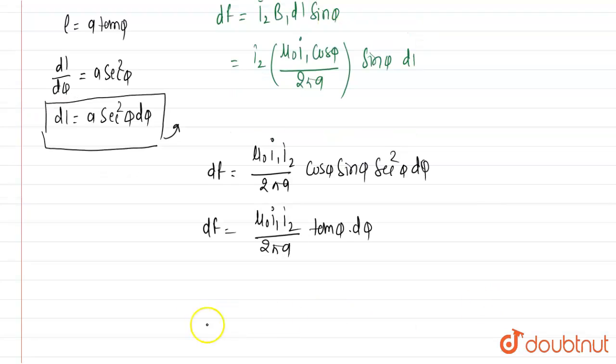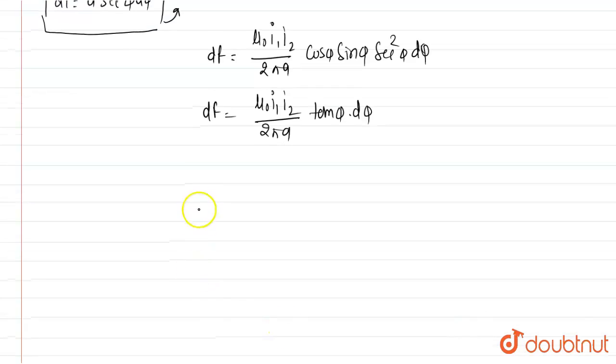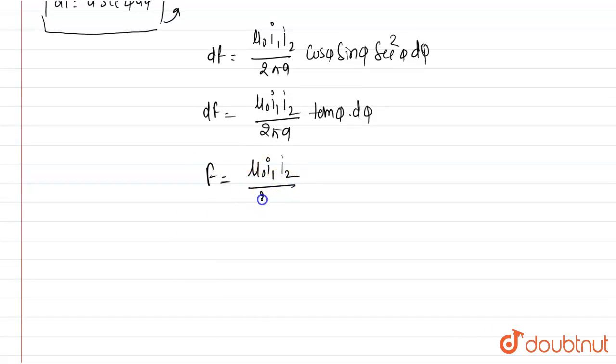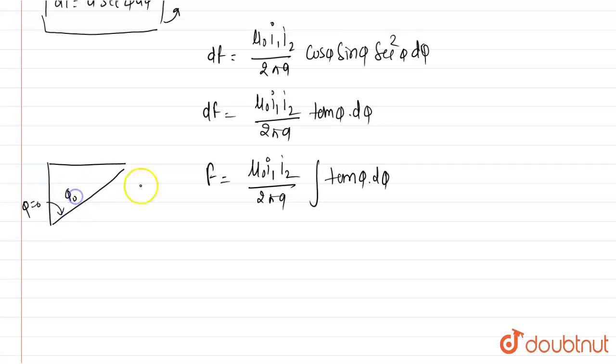We will find the magnitude of force by integration. So F is equal to mu naught I1 I2 upon 2 pi a, integration of tan phi d phi. The limit of phi is from 0 to the maximum angle phi naught.